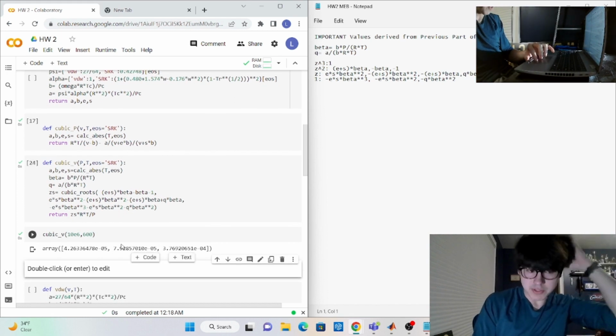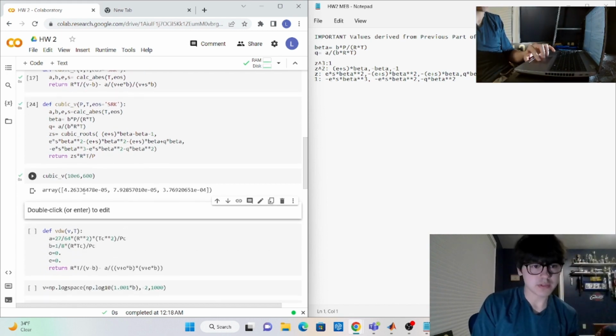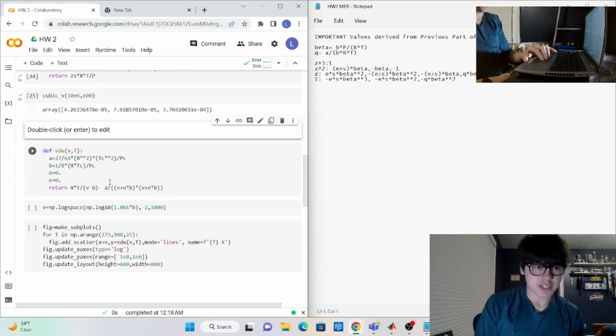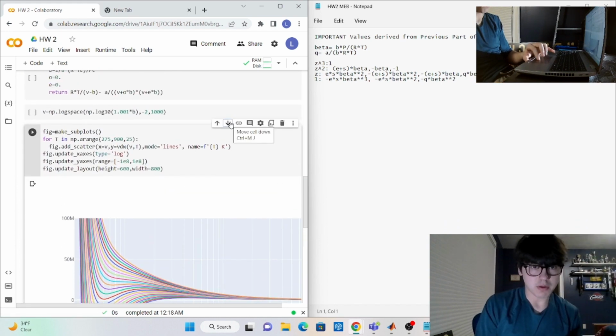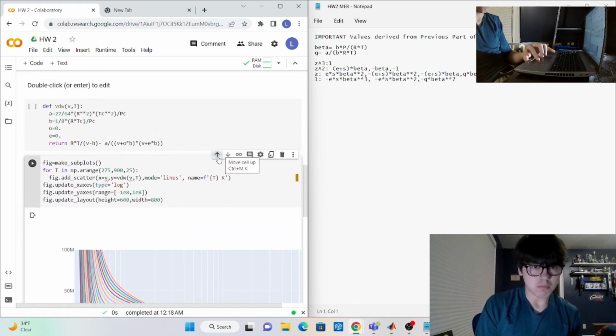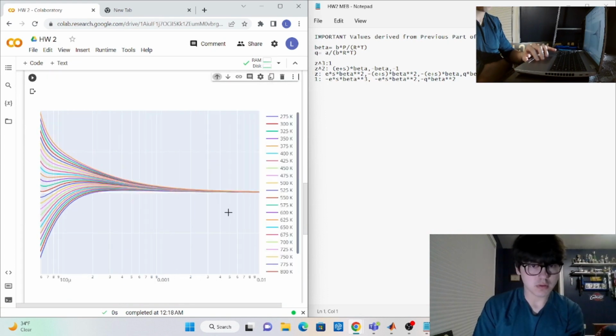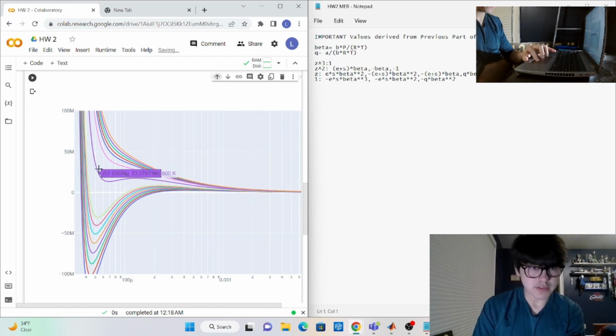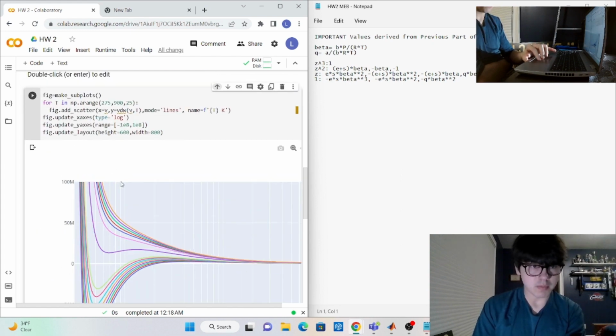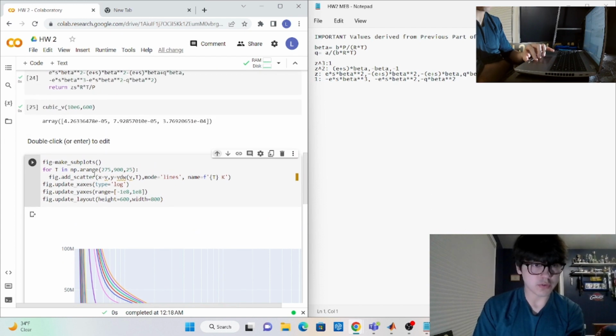So it returns some different values. We can check these values here. Let's move this plot up. Let's see how these values check out. We'll clear out 600 Kelvin to see if we can get a better view of it. Okay, so 600 Kelvin here. The roots are 4.2635 times 10 to the negative fifth.